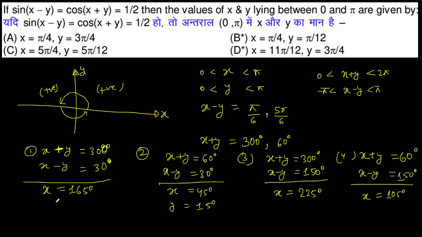When x is 165 degree, y is 135 degree. Correct. When x is 225, y is 75 degree. When x is 105, y is minus 45 degree. And y is between 0 to pi. So this will get rejected.